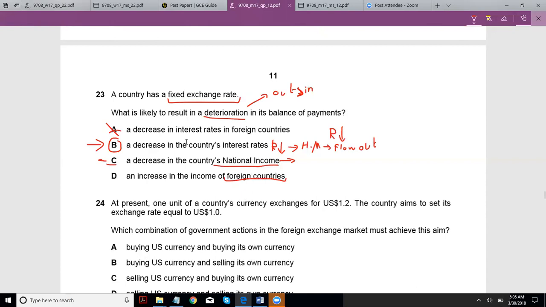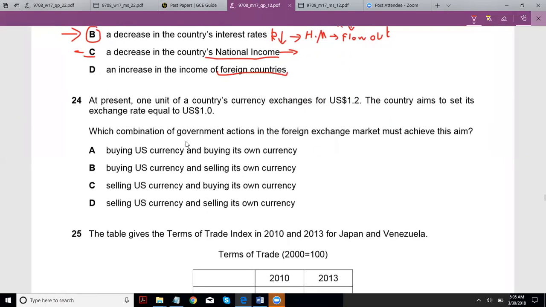Go to 24. At present, one unit of a country's currency exchanges for US$1.2. So this is the country's currency, I don't know which currency it is, and that is worth $1.2. The country aims to set its exchange rate equal to 1.